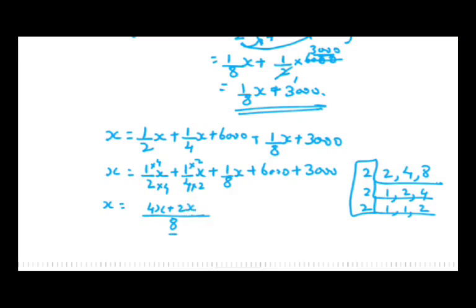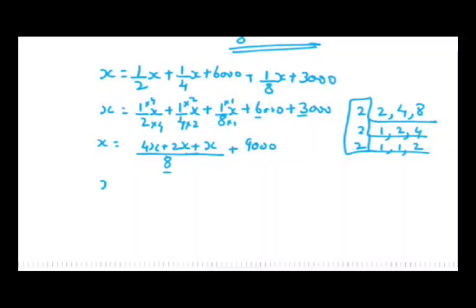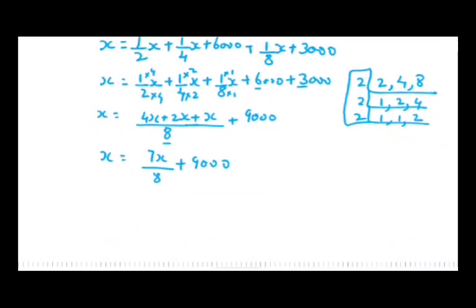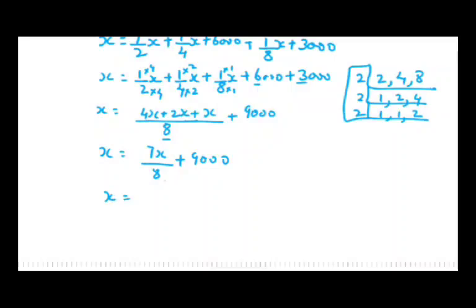It becomes 2x plus 8 into 1, so the numerator is also 1x, plus 6,000 plus 3,000 makes it 9,000. x is equal to 4 plus 2, 6, 6 plus 1, 7x upon 8, plus 9,000. 8 multiplied by 9,000 is 72,000, upon 8.